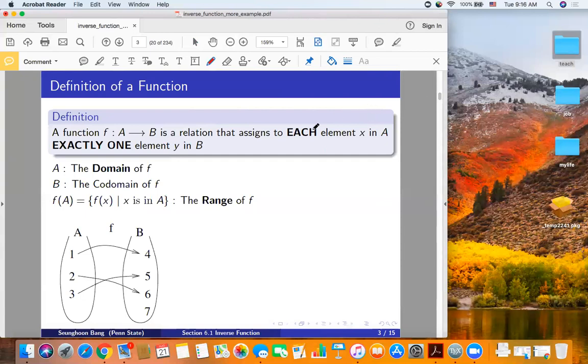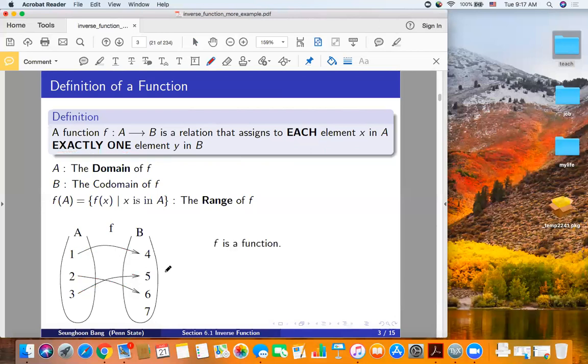You always focus on these two bold phrases: each element x in A, exactly one element y. What does it mean? Each element goes to exactly one element. 1 is going to exactly one number 4. 2 is going to exactly one number 6. 3 is going to exactly one number 5.